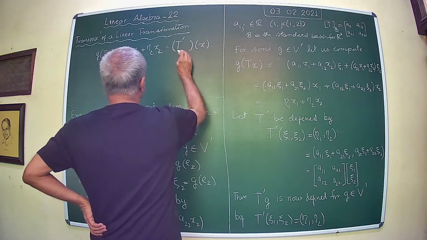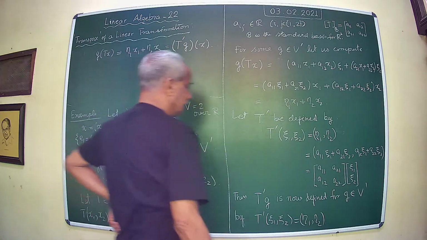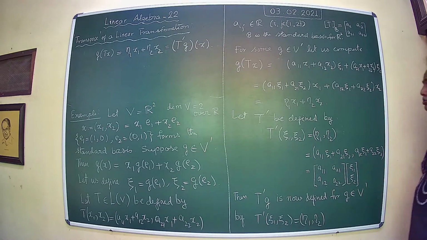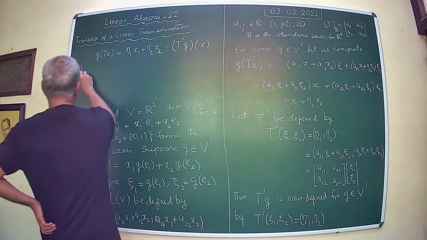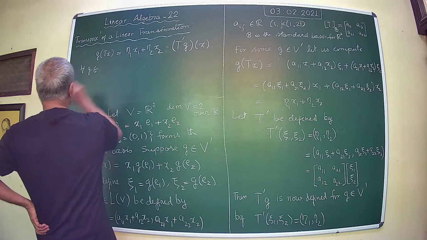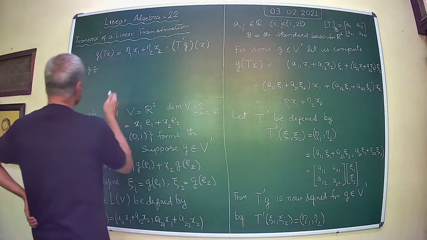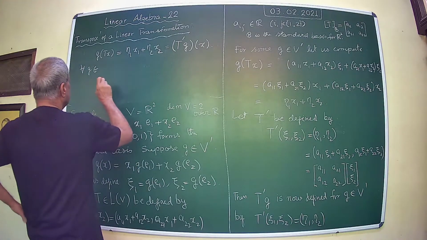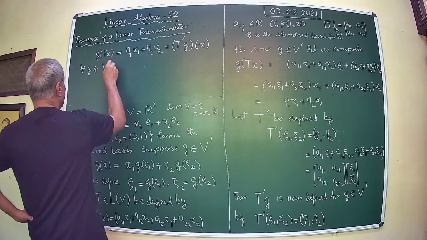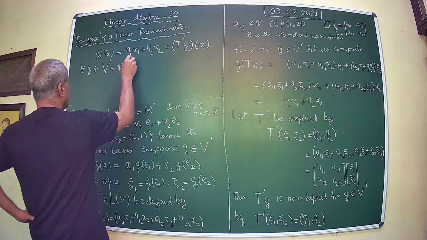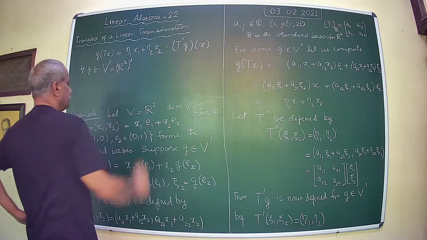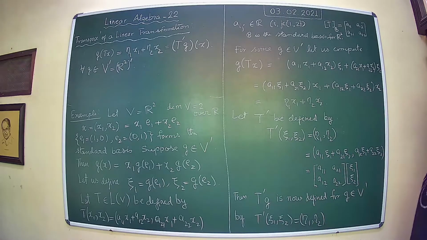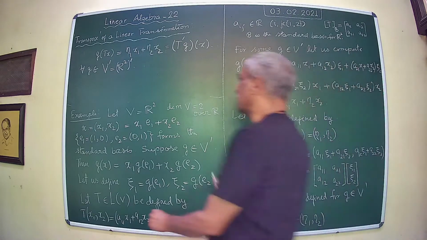T prime g acting over x. Okay. So this is true for every g belonging to V prime, which is equal to R2 prime. That's the dual space of R2. So you see that there is a linear transformation and T prime is linear.